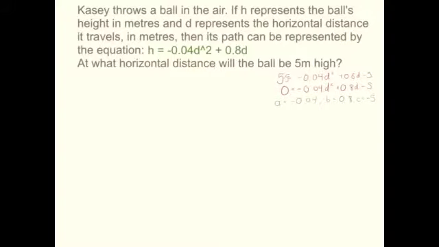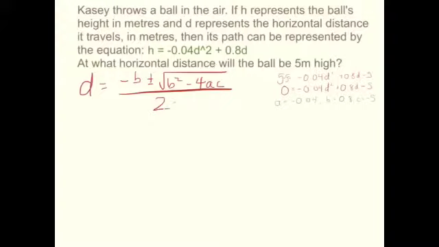So I always write out my equation. D, let's do that in red. My D value is negative B plus or minus the square root of B squared minus 4AC all over 2A.